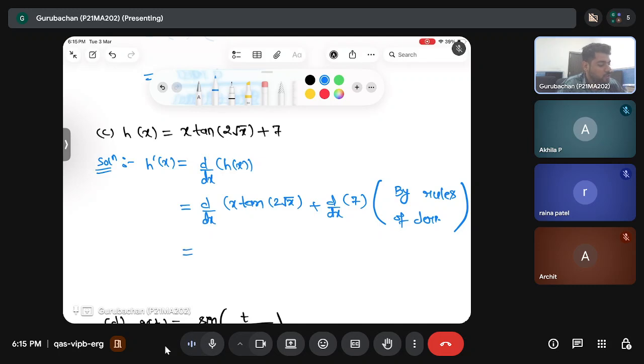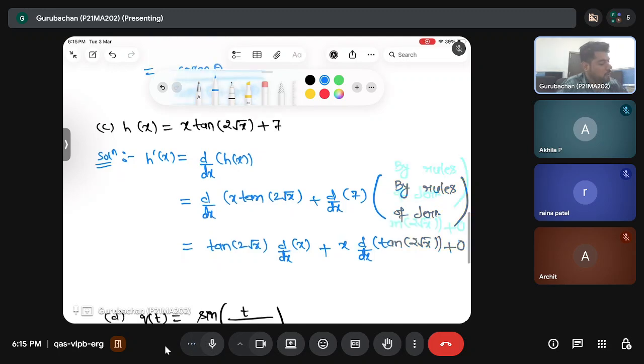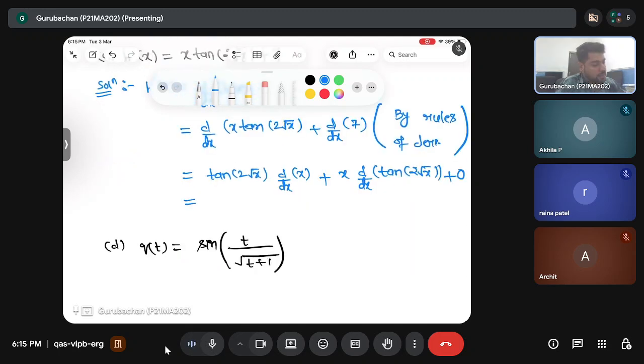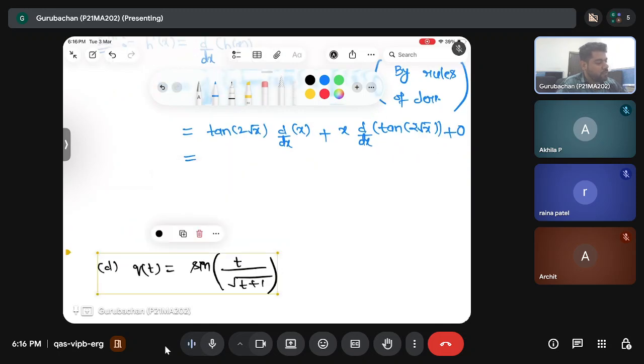So what will be the differentiation of this first term? By product rule, you know that tan 2 under root x will be as it is, d over dx of x, plus x will be as it is, d over dx of tan 2 under root of x, and the last term will be 0 because the differentiation of a constant is 0. So what will be the derivative of the rest of the terms?